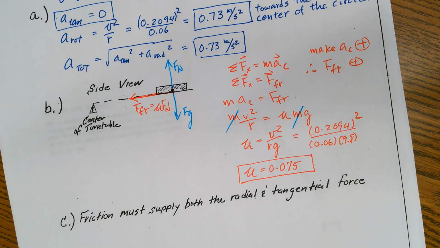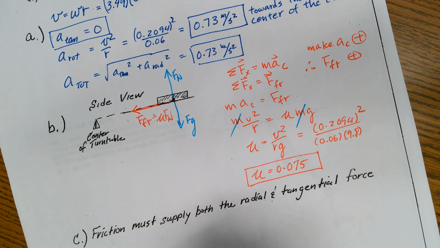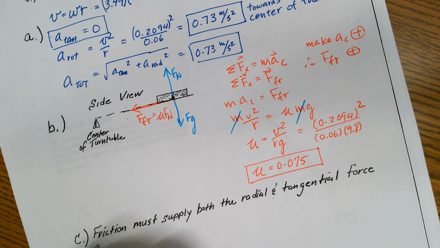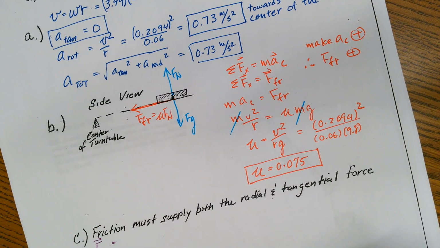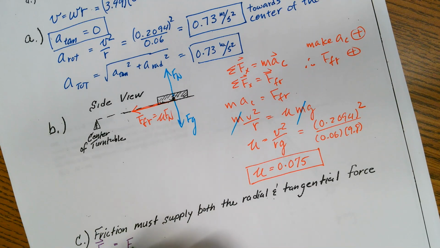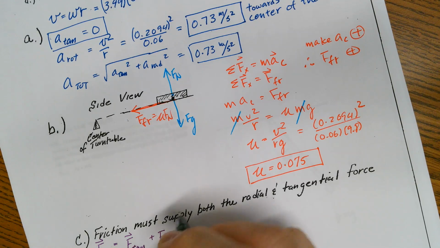All right. If we start out, we're going to say force total is equal to F tangential plus F radial.